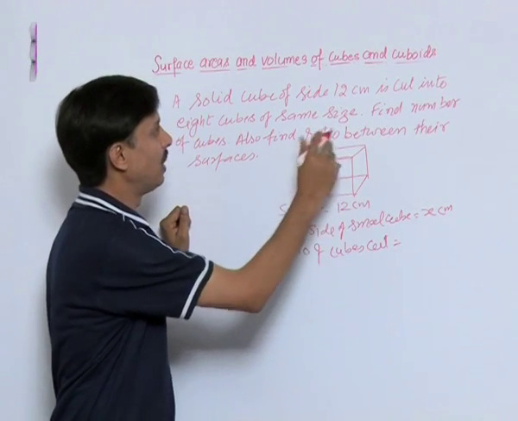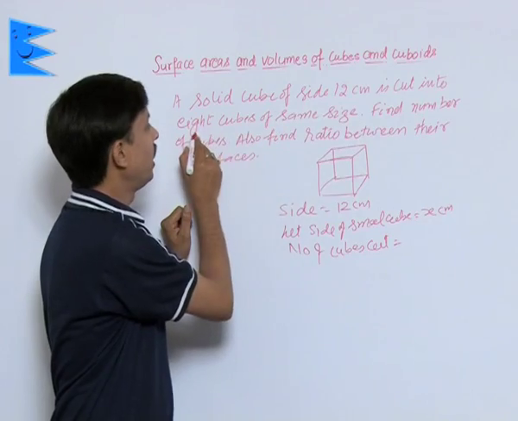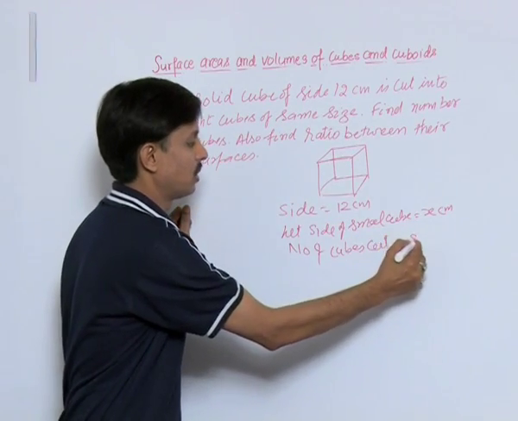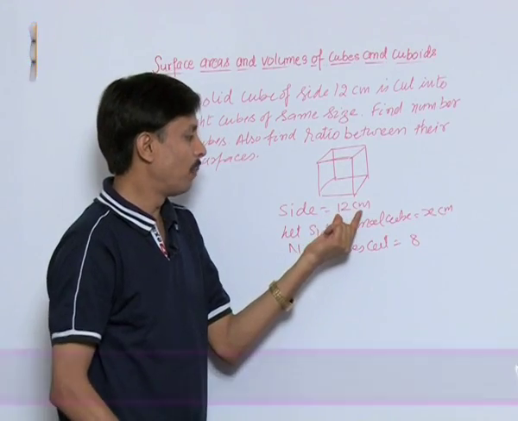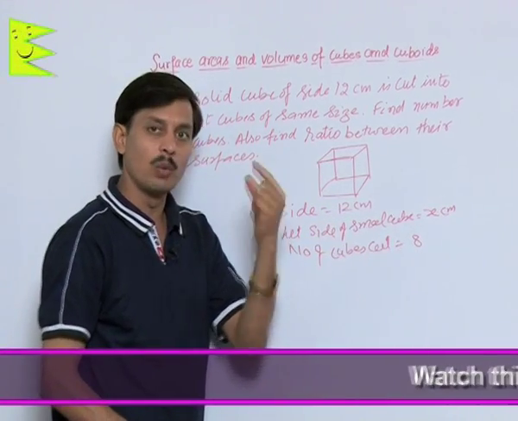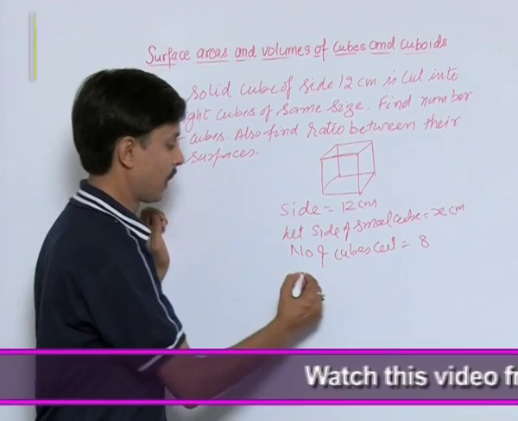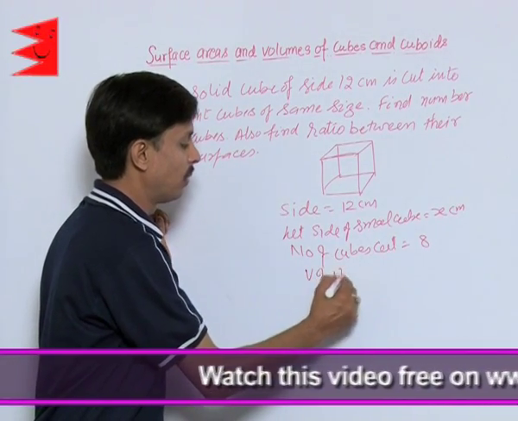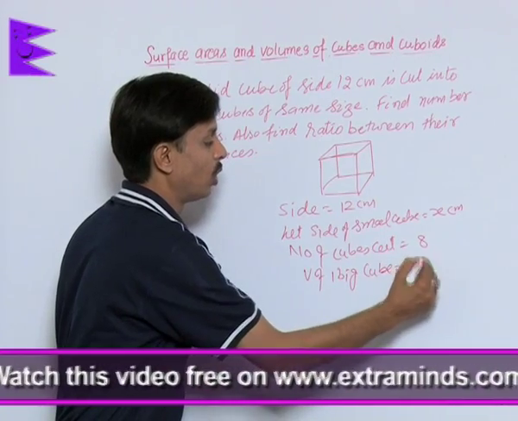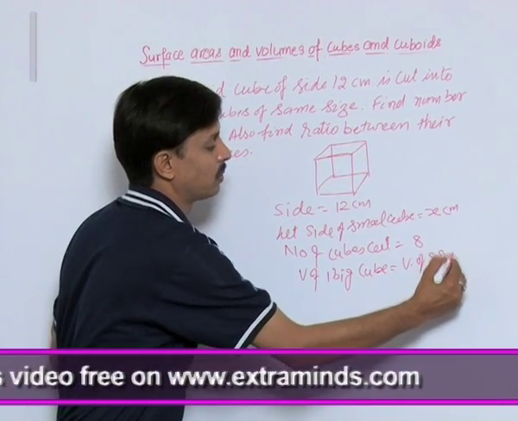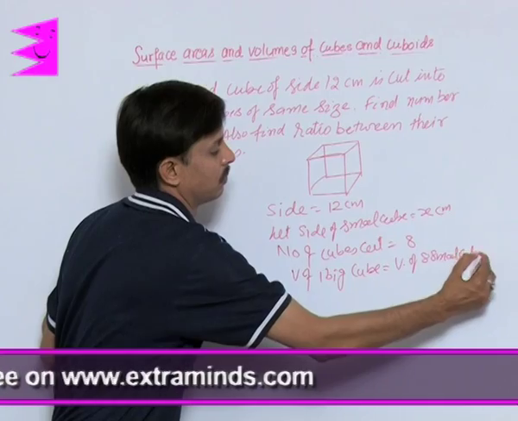How many cubes have been made? That is 8 small cubes. So there will be one thing same. Volume of big cube will be equal to volume of 8 small cubes. Volume of one big cube is equal to volume of 8 small cubes.